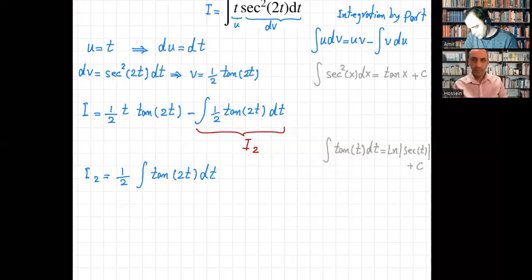Again, we have a coefficient here, so it's going to be the inverse of that coefficient outside the integral.